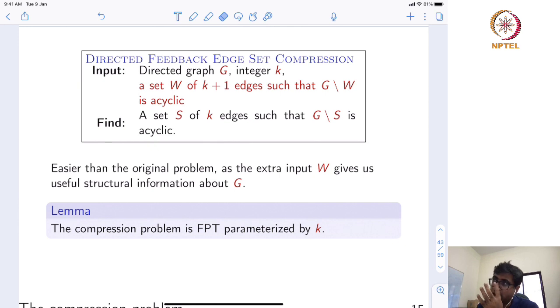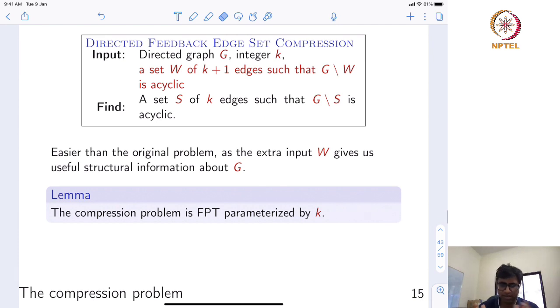If you recall, for the compression algorithm we had vertices v1 to vn, and we took the first i vertices and looked at the graph induced on them. But now we will build this graph one arc at a time, and the moment we add one arc, if the smaller graph has a solution of size at most k, then you add the k plus 1th arc and that will give you W. But we will do this formally. For now, just assume that you are given a W.